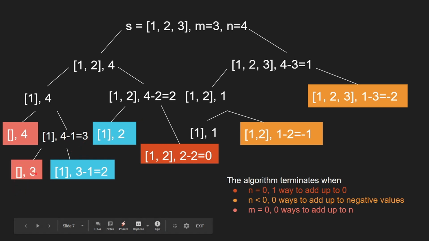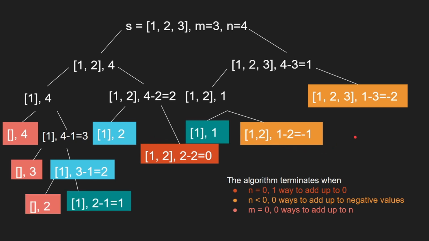If you don't use the last value, then you stop processing, and if you do use the last value, then you're using coin 1 to add up to 2. These two cases are equivalent because they're both using coin 1 to add up to 2. If you don't use the last value, then you stop processing, and if you do use the last value, then you're using coin 1 to add up to 1. These two cases are equivalent because they're both using coin 1 to add up to 1.